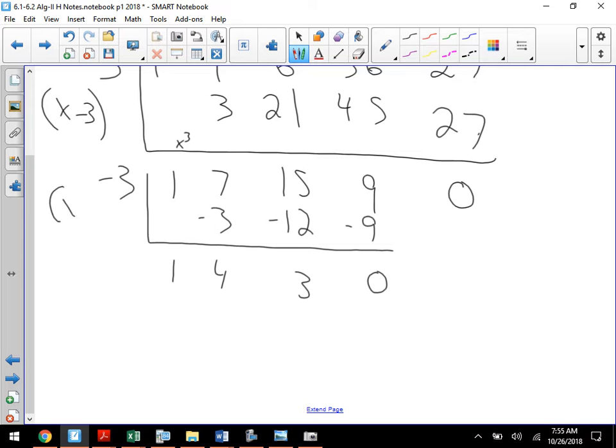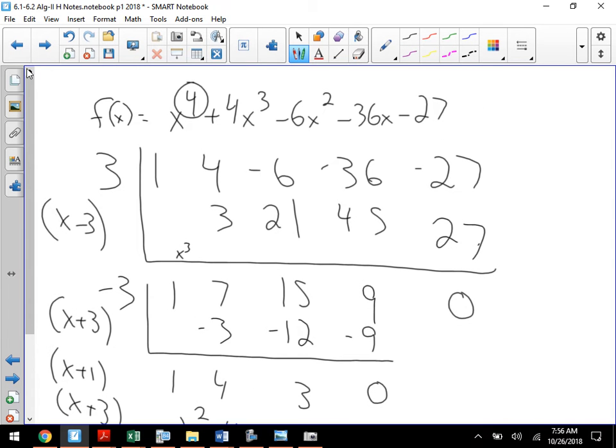So x plus 3. What times what is 3? Yeah, together get 4. So this can be factored out to become x minus 3, x plus 3, x plus 3, and x plus 1.